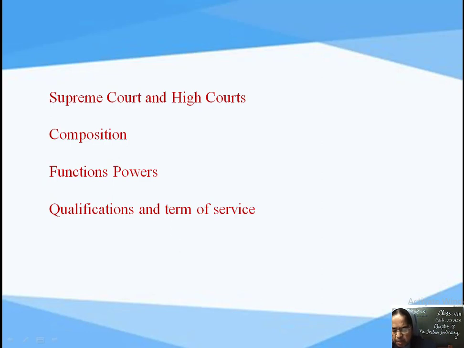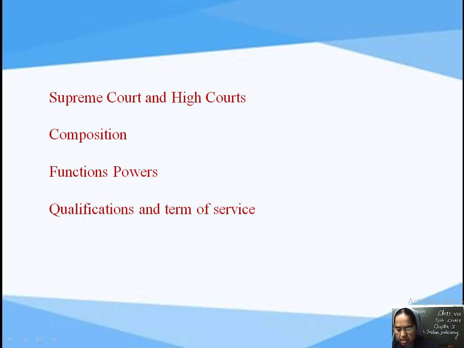This number can be increased by the Parliament. The President of India appoints the Chief Justice of India. In consultation with the Chief Justice, the President also appoints the other judges of the Supreme Court.